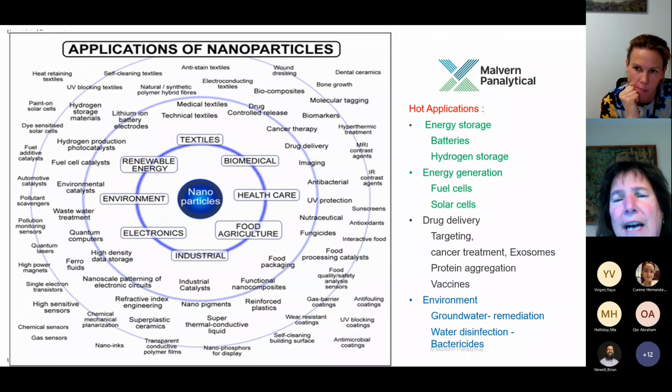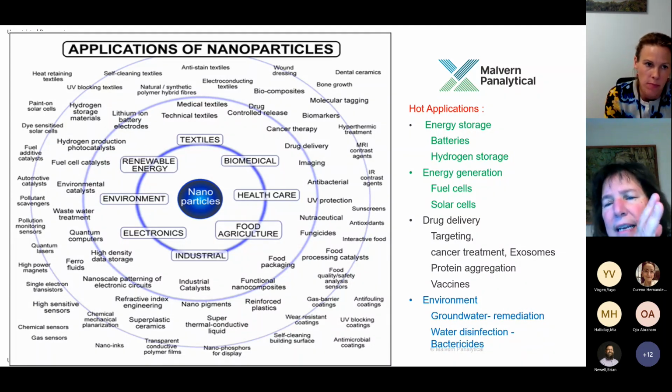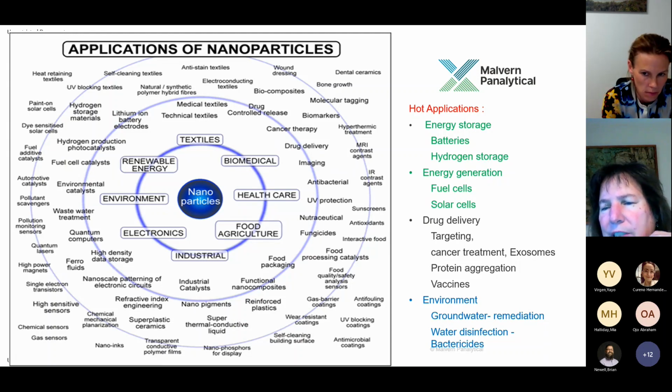But the hot applications we see in nanoparticle technology is really when it comes to energy storage, things like batteries, hydrogen storage. There's energy generation in fuel cells and solar cells.